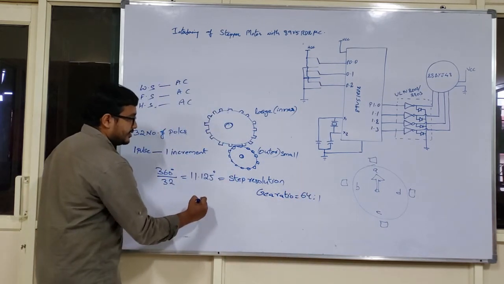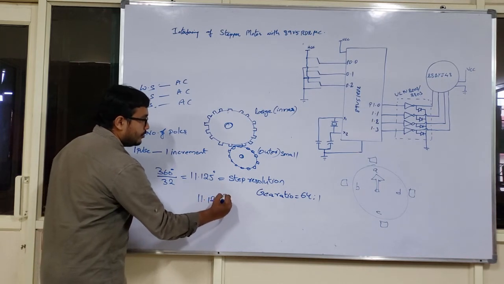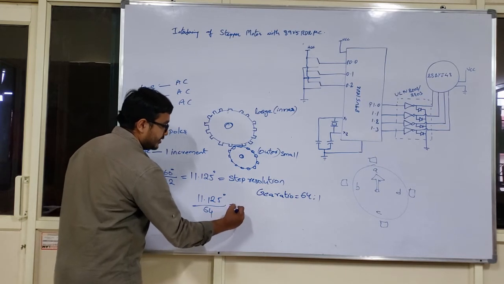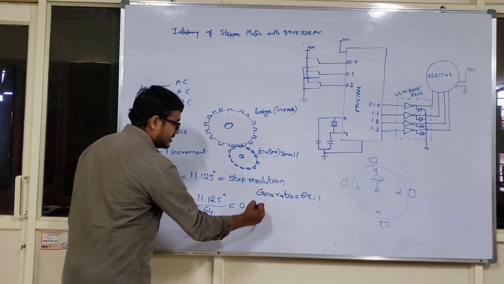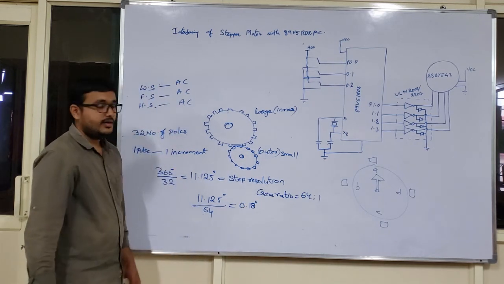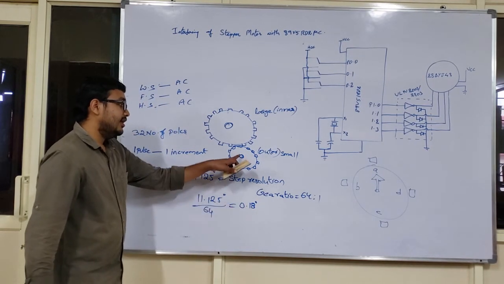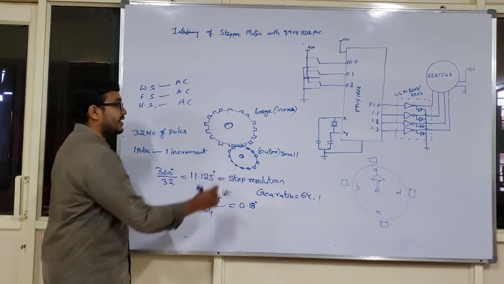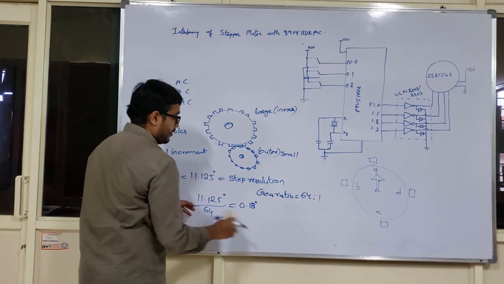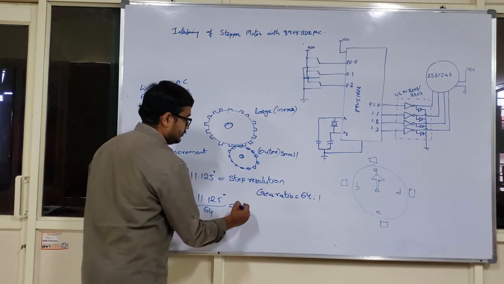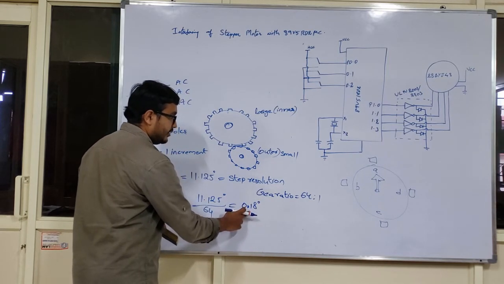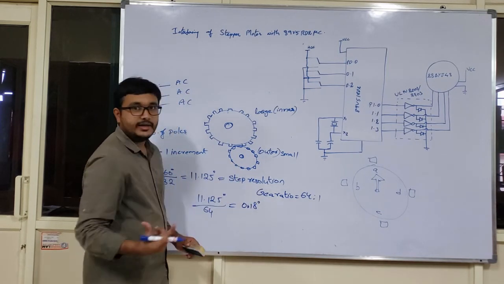That means the step resolution for the small gear, or the outer gear, will be 11.125 by 64, that is approximately 0.179, or I am going to write it as 0.18 degrees. So 0.18 degrees will be the step resolution for this one, such that if we have this angular displacement, it will complete one fixed increment.